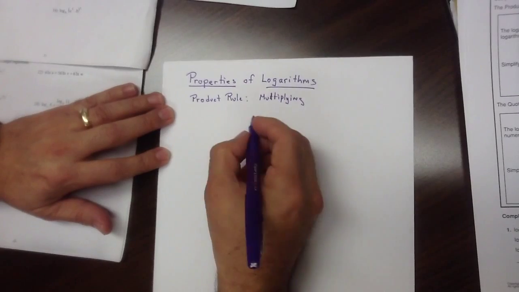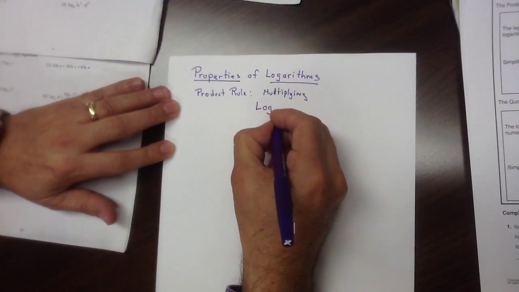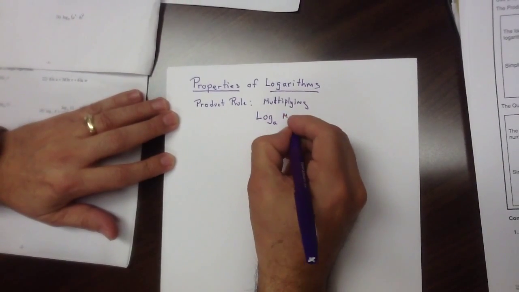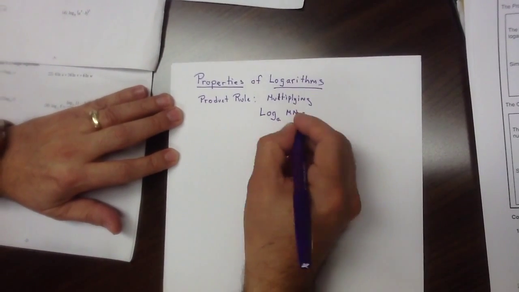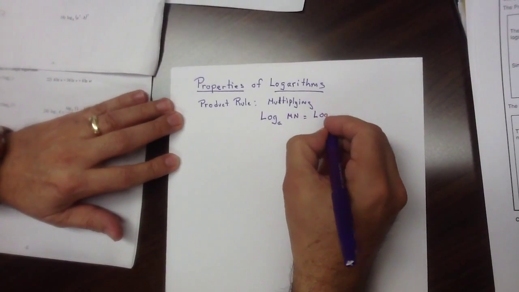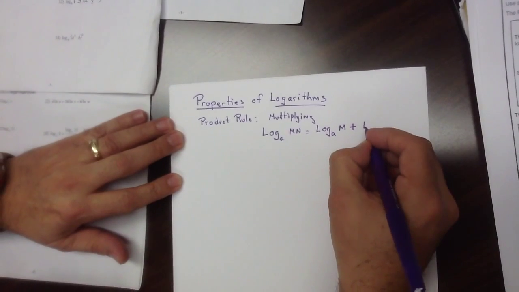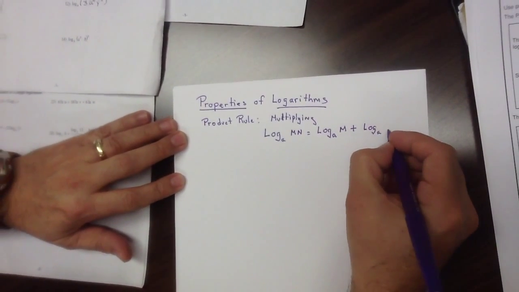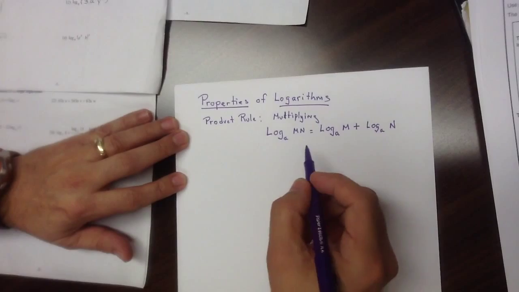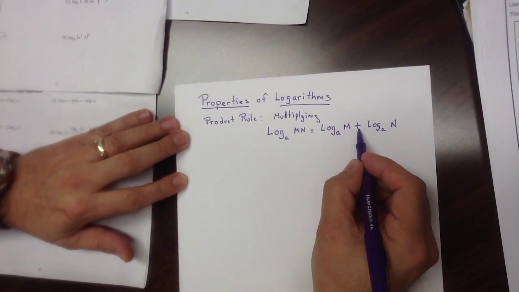It means that if I have log base A of m times n, that is multiplying. When you expand it, it's going to be log base A of m plus log base A of n. So on this one, multiplication is going to be denoted by a plus.